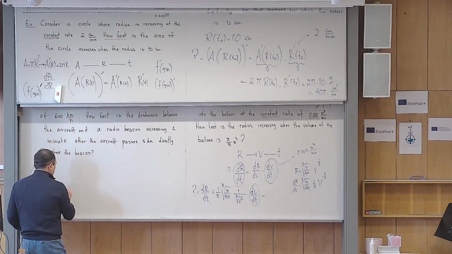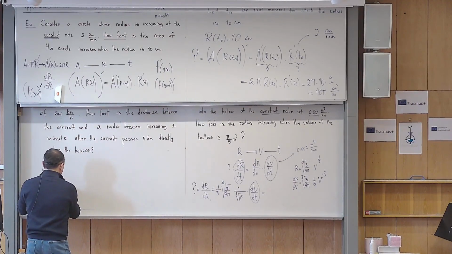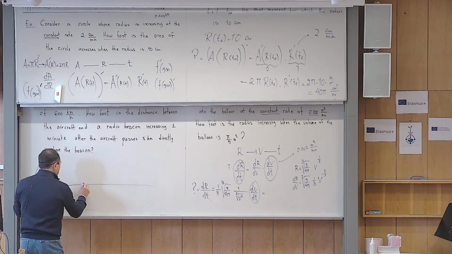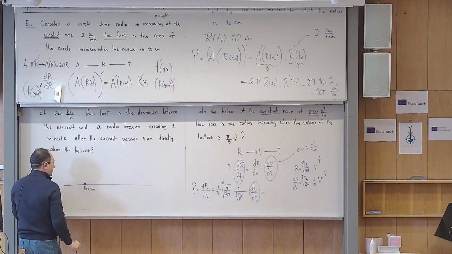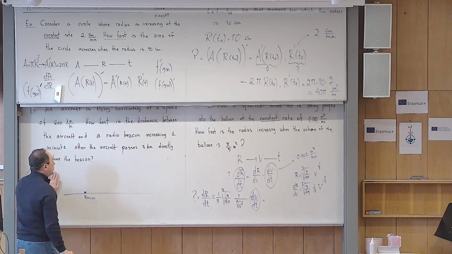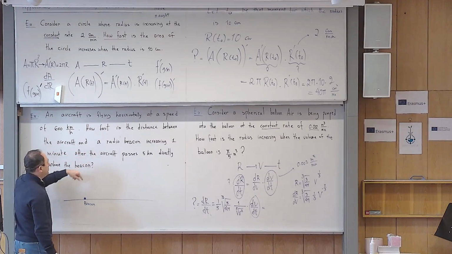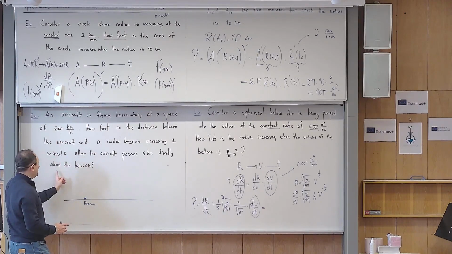This is the ground level. And then let us say that you have your radio beacon here. Okay, beacon. And then an aircraft is going horizontally. How fast is the distance between the aircraft and the radio beacon increasing 1 minute after the aircraft passes 5 kilometers directly above this one?